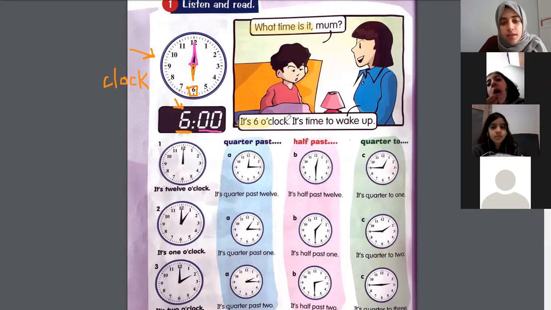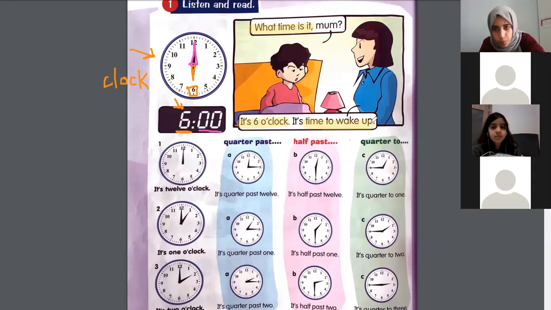So when you tell someone the time, you have to say the number and you have to say o'clock. So clock means sa'a. O'clock is the way you say the time. You just have to add the O. And she says it's 6 o'clock, so it's time to wake up. So she gave him the number or the hour, and she told him this is the time to do so and so, which is when you wake up.